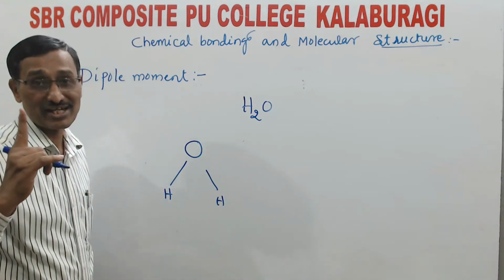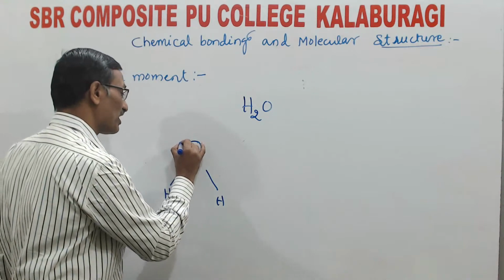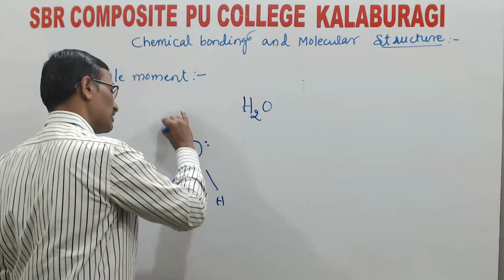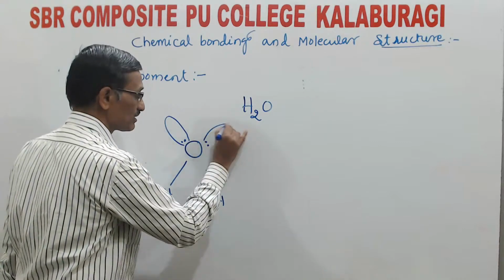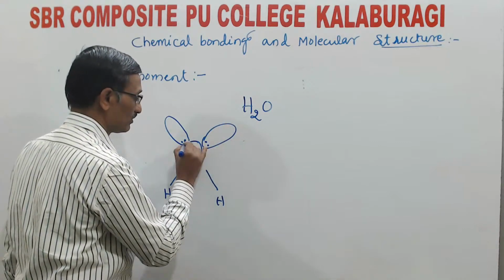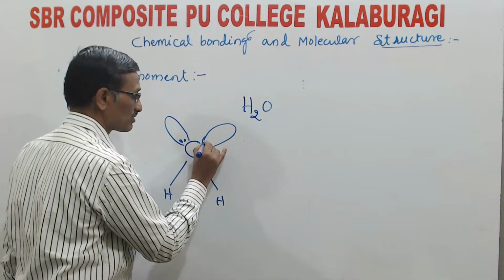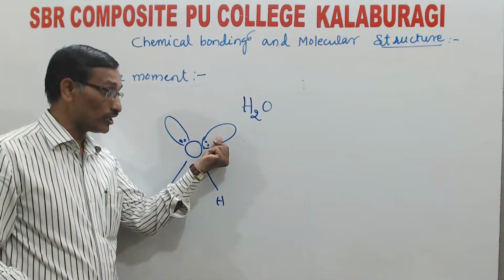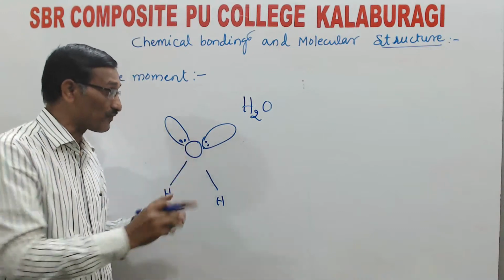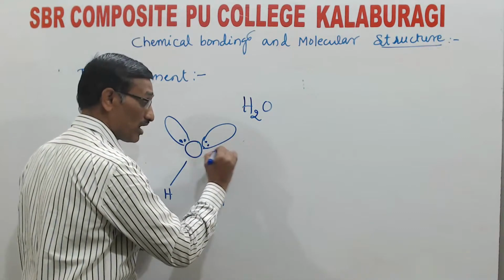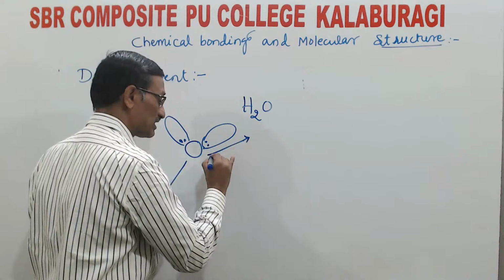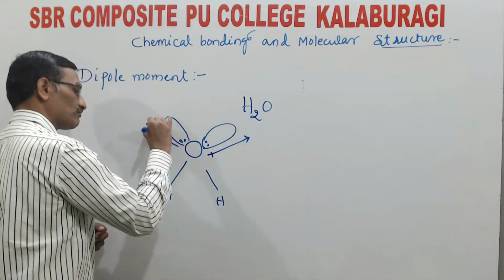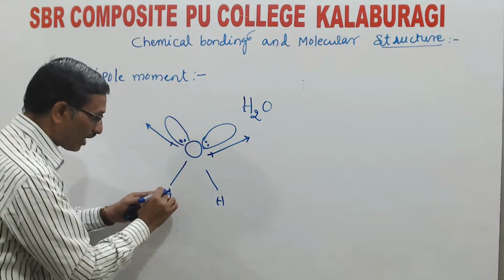You may have a doubt: Sir, two lone pairs of electrons are there, no? Yes. Now this one you have to take in this direction. Lone pair of electrons, orbital dipole due to the presence of two lone pairs of electrons. See how you are representing. One is acting in this direction. This one is acting in this direction.